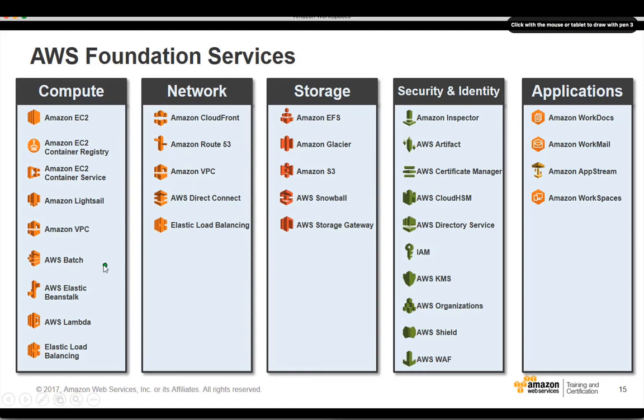So we have a service called AWS Batch that will take care of that for you. It will optimize the machines to run your batch processes on, it will schedule them, and it will organize your batch processing for you, so you just focus on analyzing the results. So it's related to batch processing, hence the name.